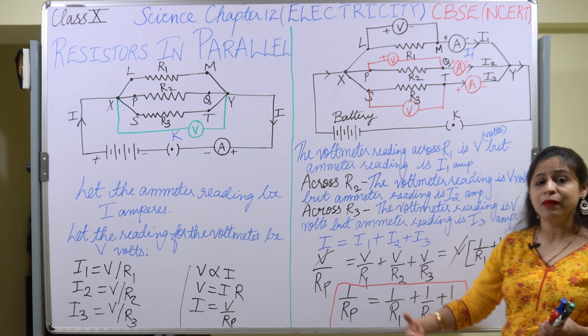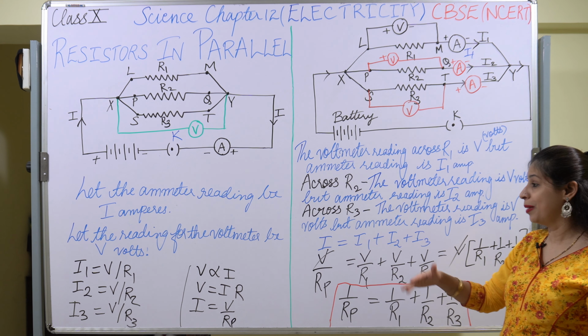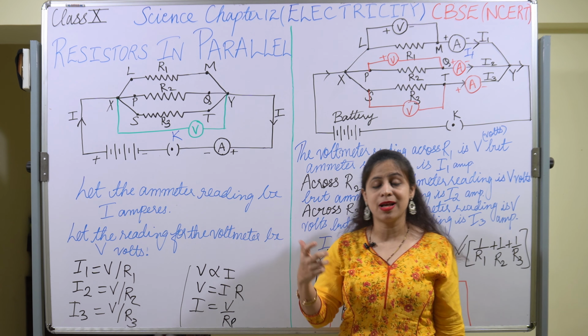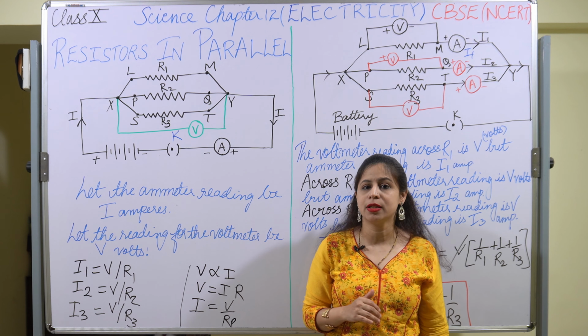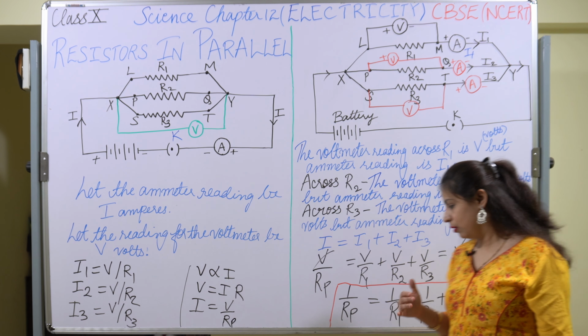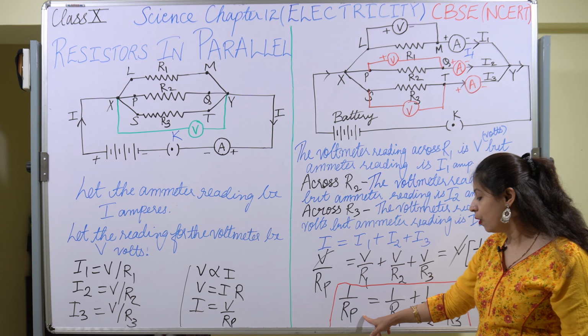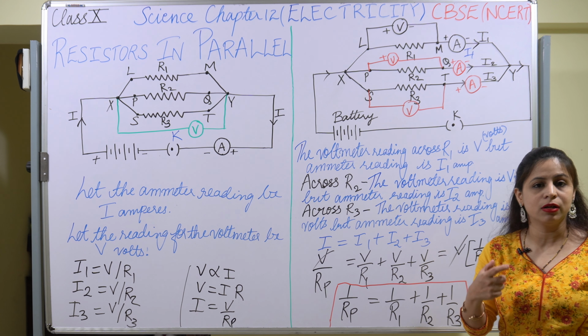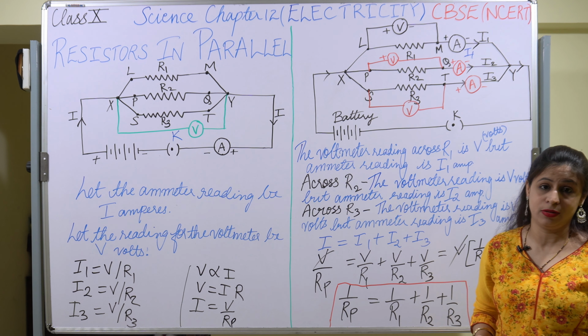This formula is very important from the numericals point of view, because numericals ask us to find the equivalent resistance value when resistors are connected in parallel. So we have concluded that the reciprocal of the equivalent resistor is equal to the sum of the reciprocals of the individual resistors.